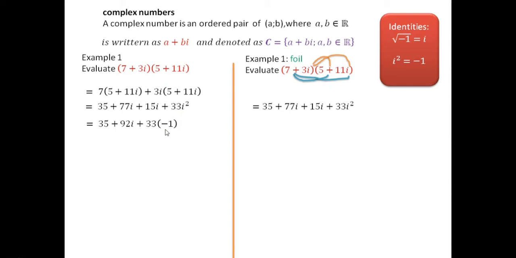So that's why we change i squared into -1. And now when you add everything up, you will get 2 plus 92i, which is in terms of a plus bi. Because a would be 2 in this expression and b will be 92.